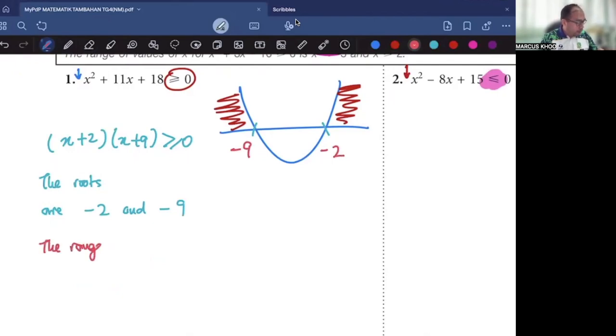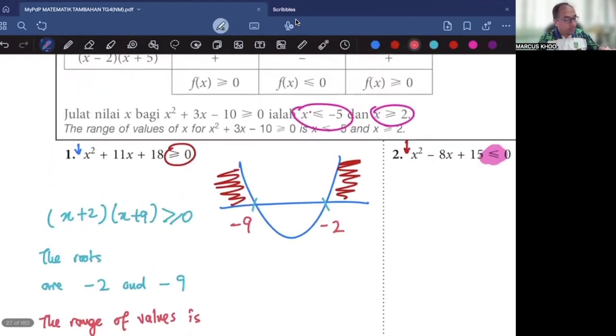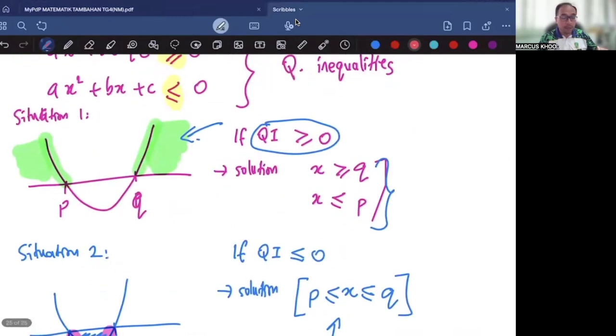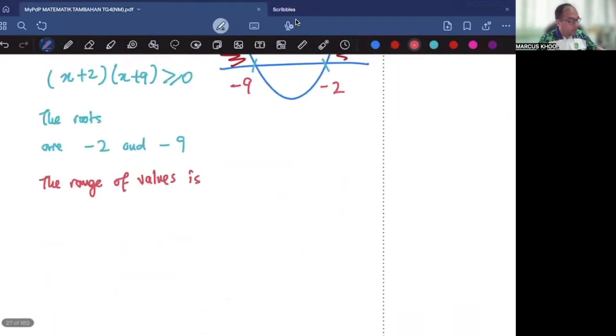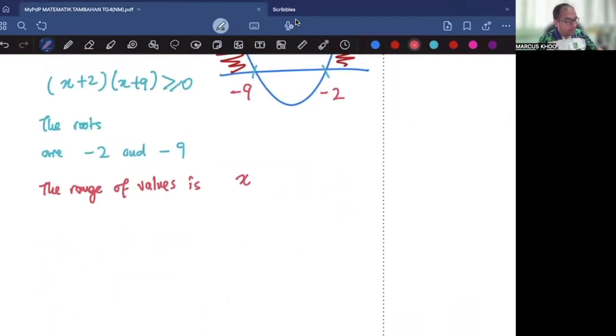Okay, kalau kita punya graph macam ni, macam mana kita punya jawapan? Begini bahkan. Okay, x is more than Q and less than P. So, the range of values is x is bigger than -2, okay, and x is smaller than -9. Okay, and that will be your answer.